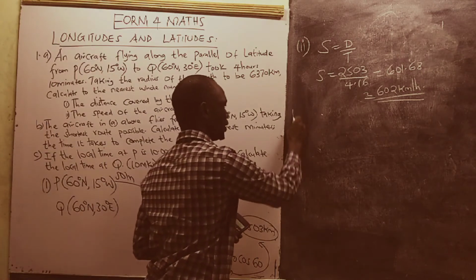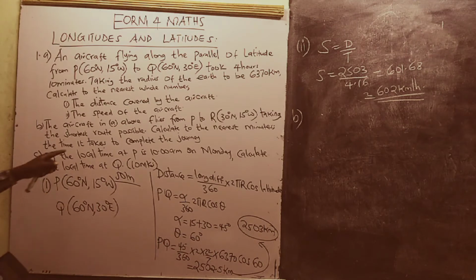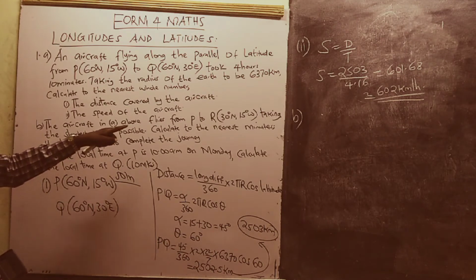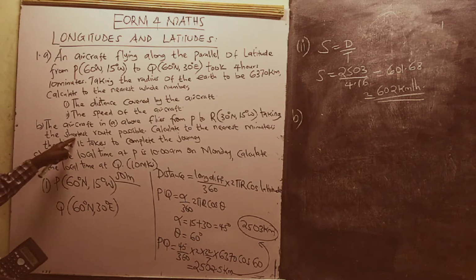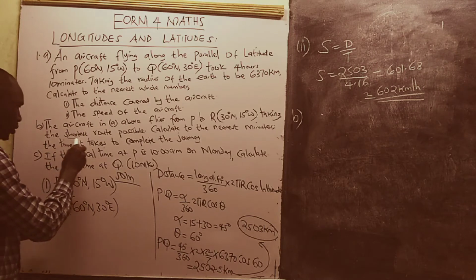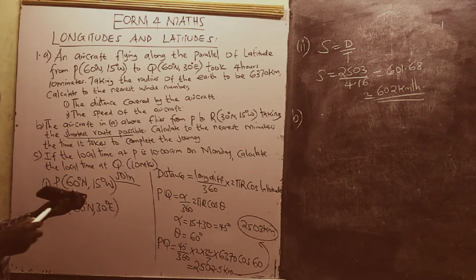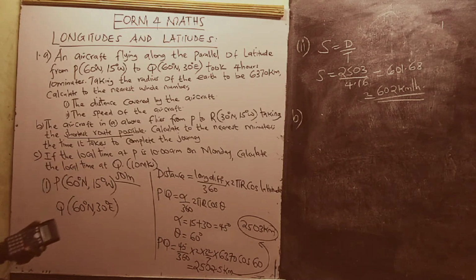Going to part B. Part B reads: the aircraft in A above flies from P to R, taking the shortest route possible. If you hear the words shortest route possible, the shortest route is usually through a great circle, but we are going to find out how. Calculate to the nearest minute the time it takes to complete the journey.